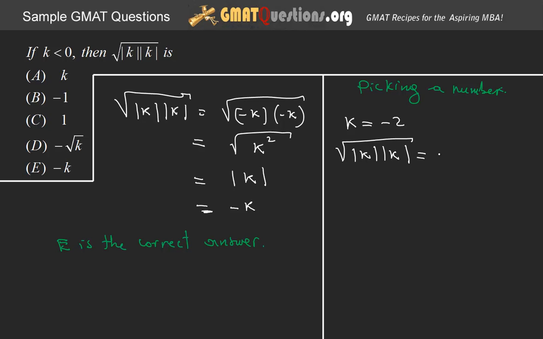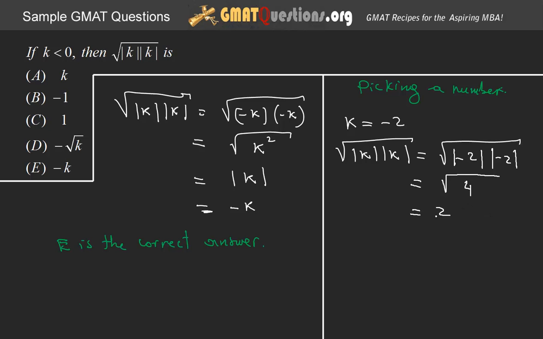It's going to be equal to the absolute value of -2 times the absolute value of -2, and this is equal to, obviously, 2 times 2, which is 4. And the square root of 4, as you know, is 2. Just 2. It's not 2 and -2.